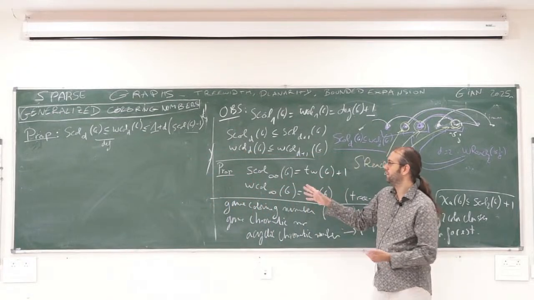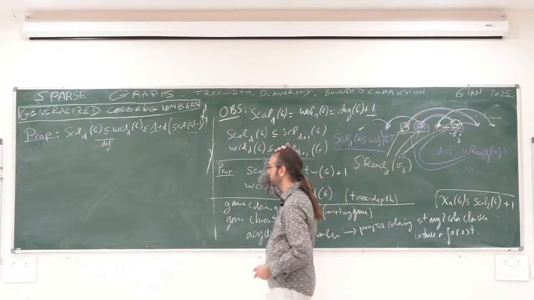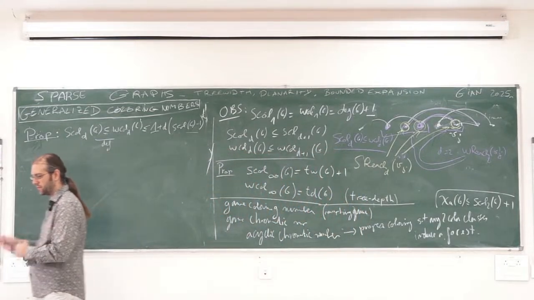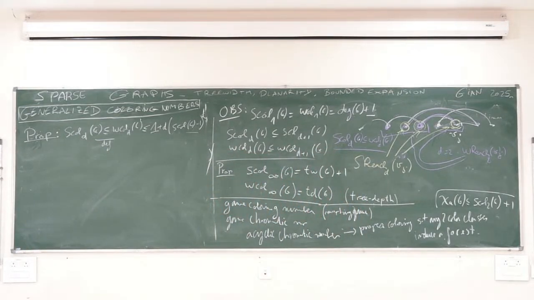But then the strong one is important for lower bounds. So it depends on what side you're doing. And actually, these things can be computed also, not necessarily exactly, but there are approximate algorithms for this.